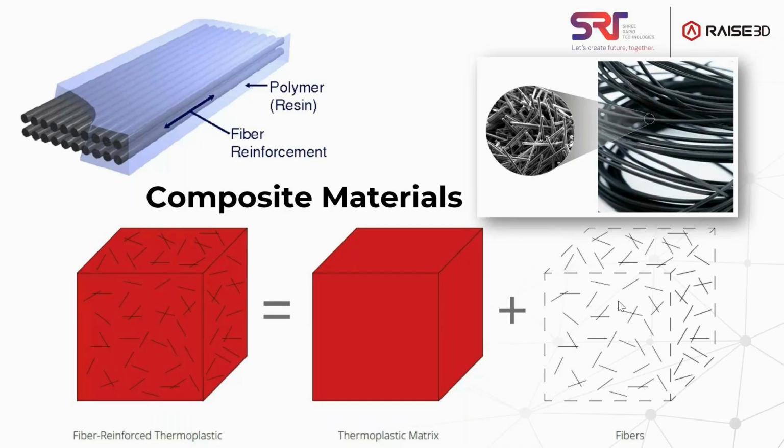So thermoplastics themselves exhibit much lower stiffness and strength compared to the fiber materials like carbon fiber. Therefore, the infilled fibers can withstand extra loads and stress and boost the properties of these neat thermoplastic materials.